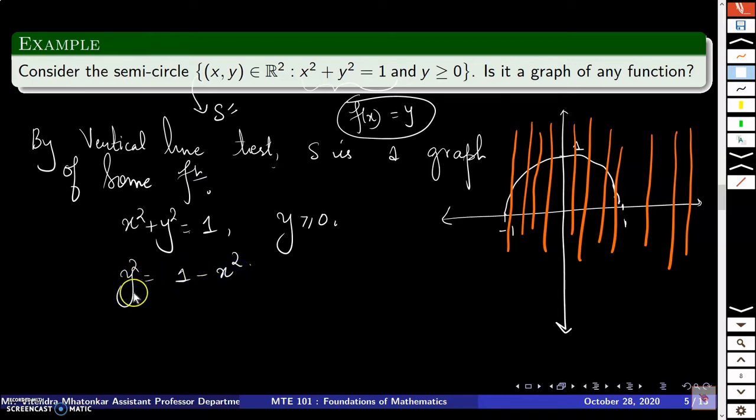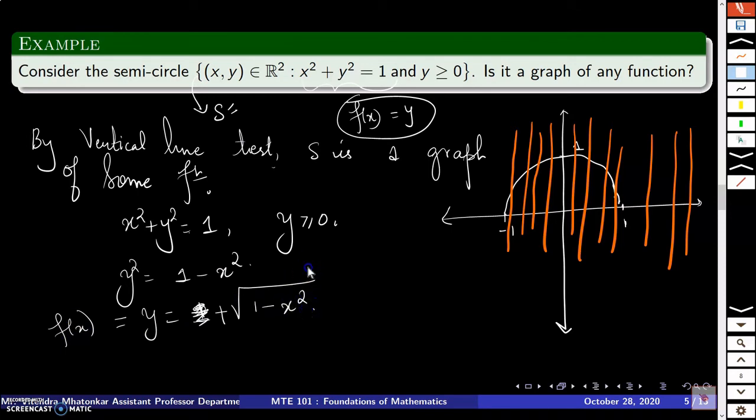So there are two choices for y now, either root of 1 minus x square or minus root of 1 minus x square. So y is plus or minus root of 1 minus x square, right? But y cannot be negative because we are given that y is greater than or equal to 0. So this possibility now is ruled out and I will have only the positive square root of this term, right? And this y is nothing but f of x. So f of x is equal to root of 1 minus x square.